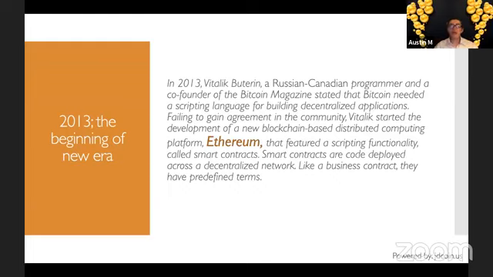Smart contracts are code deployed across a decentralized network, like a business contract, in that they have predefined terms. There's a very key difference in that smart contracts are enforced by their blockchain network.